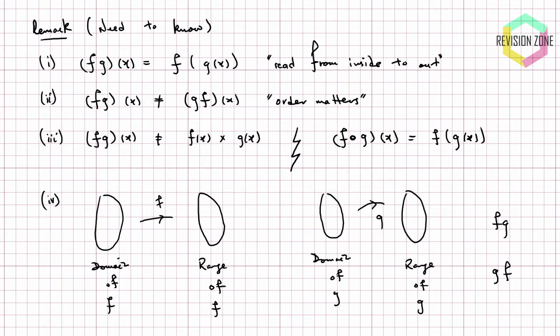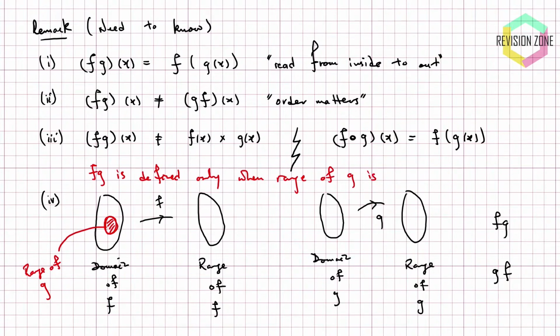So we can have something like that, and that thing there could be the range of g. So f of g is defined only when the range of g is contained, even partly, in the domain of f.